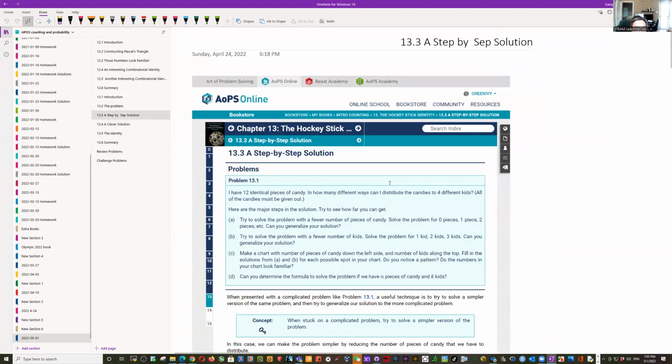Basically, the step-by-step approach is that when you're given a complex problem like 12 candies distributed to 4 kids, we can treat the problem with 2 variables.